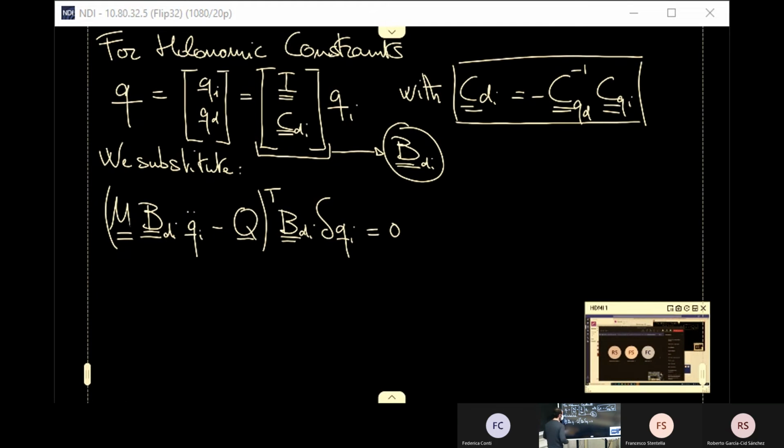So very simple. Now, since everything here is written in terms of independent coordinates, we can pass from the D'Alembert-Lagrange formulation to the Lagrange equation. And so we can basically say that since all of this is 0, then all the components of this equation must be 0. All the addenda of this sum must be 0.